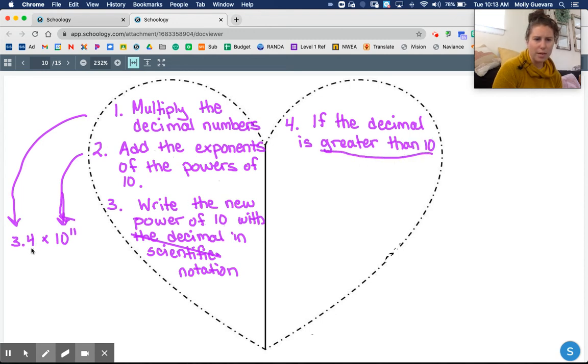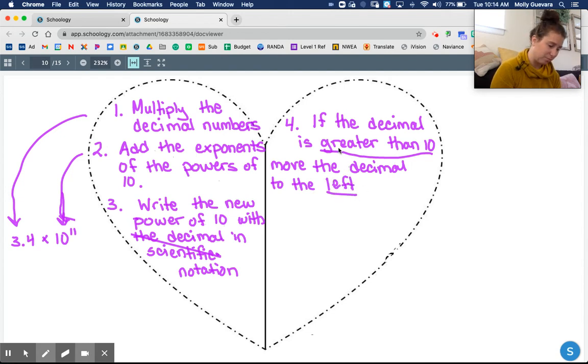So if this number right here is greater than 10, remember that this number is never allowed to be greater than 10. So if it's greater than 10, you're going to move the decimal point to the left so that it's less than 10 but still greater than 1.